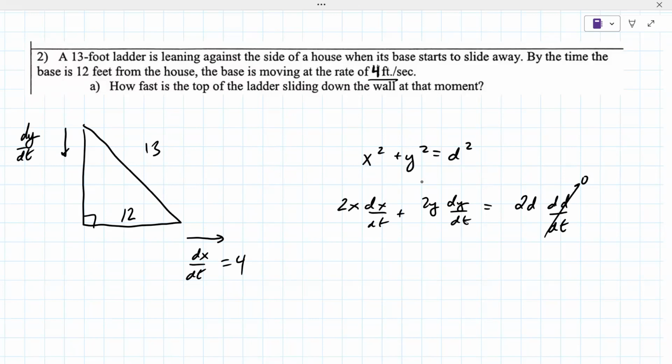Okay, I got 43, but that doesn't sound right at all. So it's got to be negative. It does seem really large.